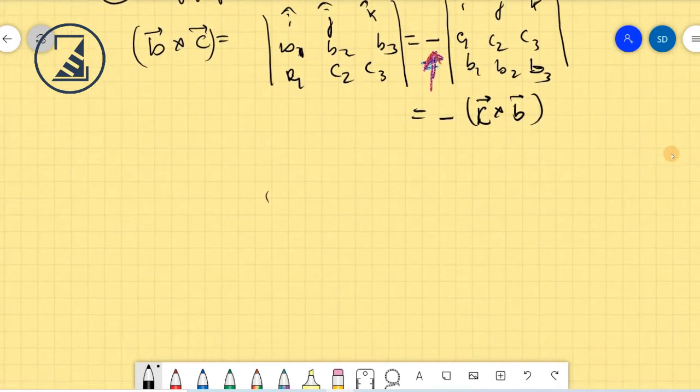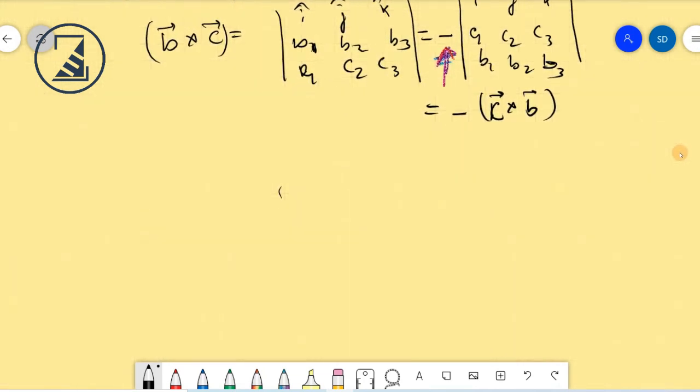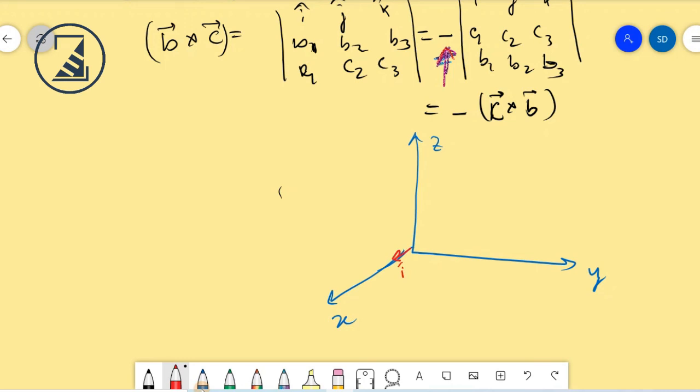Now let's take an intuitive look at the direction, the right hand rule. Say I have a coordinate system. This is my x axis, this is my y axis, and this is my z axis. And unit vectors along x, y, and z are i cap, j cap, and k cap respectively.